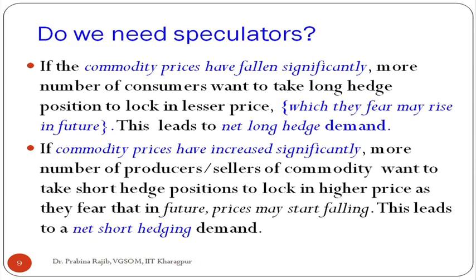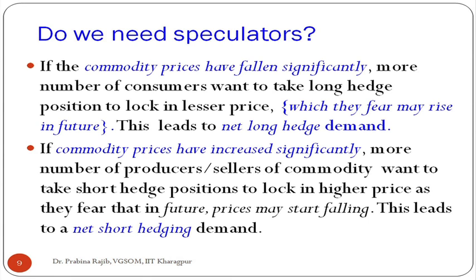But there may not be a counterparty who is willing to take a position. No hedger may be willing to take a position. So you will have a speculator who is willing to take risk and be a counterparty to these long hedgers. Similarly, let us say commodity price has increased significantly.